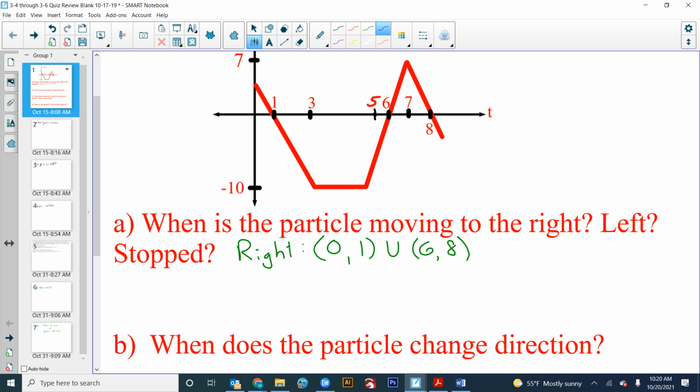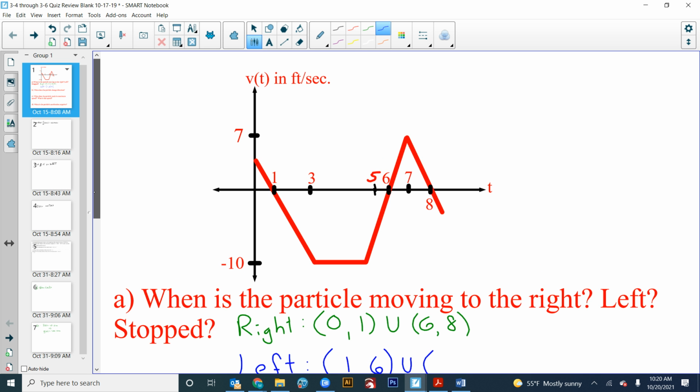All right, to the left now. Avery, what do you think about left? I put from 6 to 8. Well, 6 to 8 it was moving to the right. How about the left? Oh, I just wrote the wrong things. 1 to 6, and then 8 to 9. And I'm going to take the blame for this.